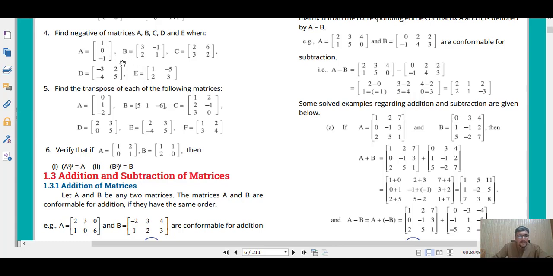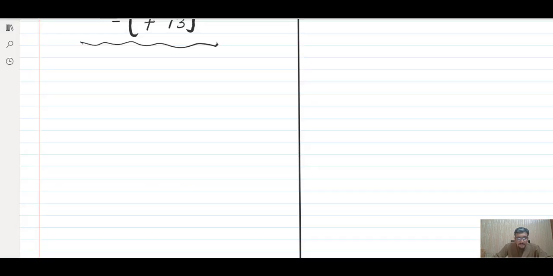So I am going to solve matrices A, D and C. In matrix A, the entries are 1, 0, minus 1, and we have to find the negative matrix.